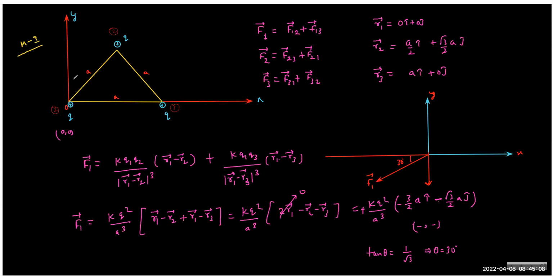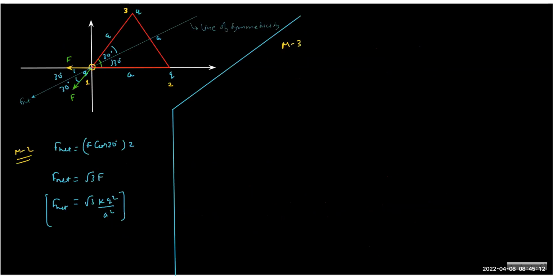You can imagine the complexity of this method and that method. Now, because we have two forces, let's say we are not interested in the line of symmetricity, but we must be interested in the line of symmetricity, because the moment you understand it, we can solve questions almost mentally.